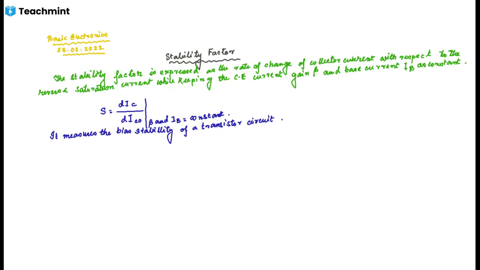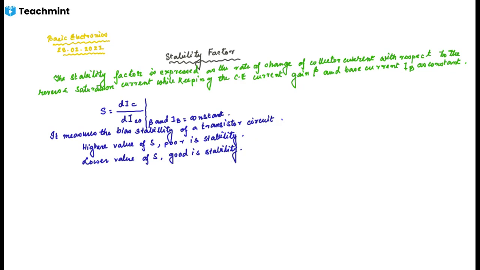So a higher value of S means poor stability, and a lower value of S means good stability.